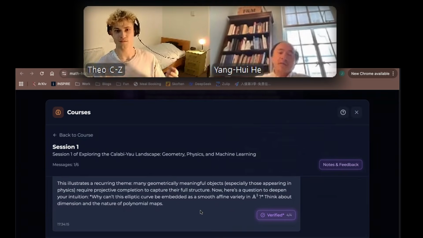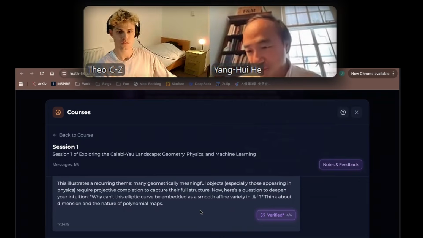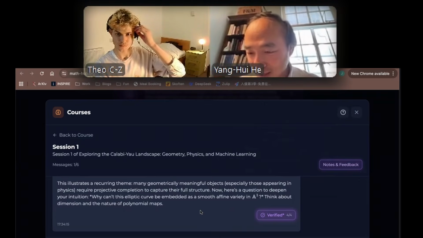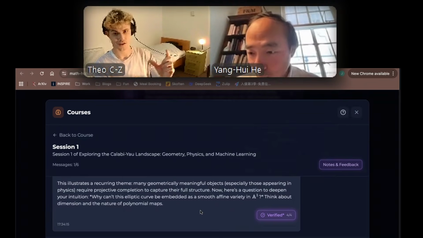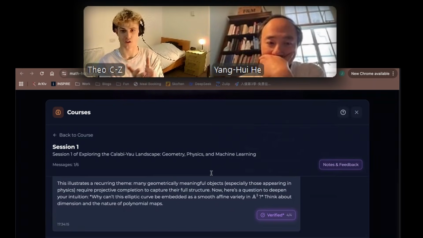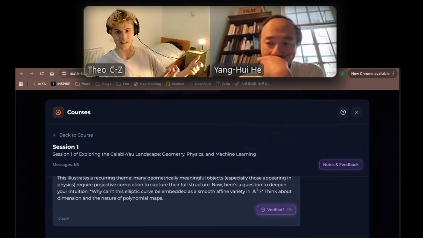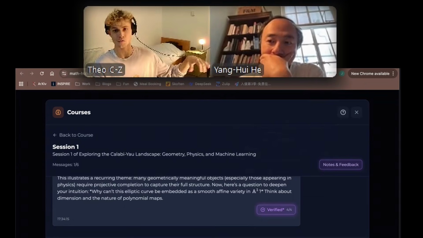I see. This is already a much better improvement on ChatGPT, because ChatGPT can just hallucinate anything and there's no way to check it. Right. Each claim goes through the process of interacting with Mathlib, getting turned into formal language, and then it's sent to a server which hosts Lean and is actually verified.